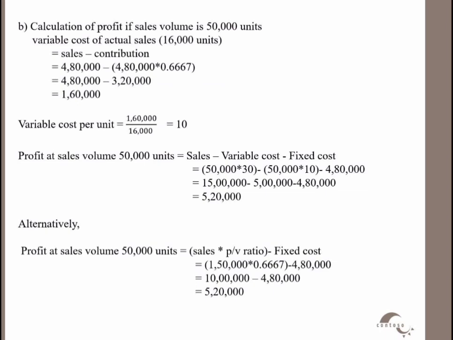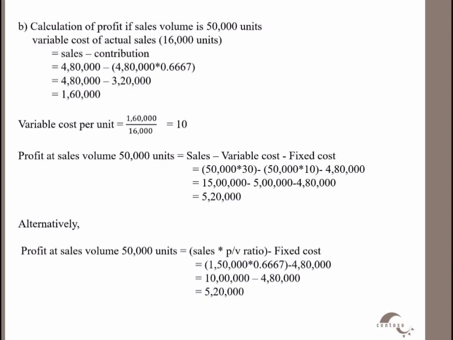Then our second question is profit if the sales volume is 15,000 units. Variable cost of actual sales, that means the 16,000 units, is equal to sales minus contribution. So the sales is 4,18,000 minus contribution, which we have already calculated as 3,20,000.